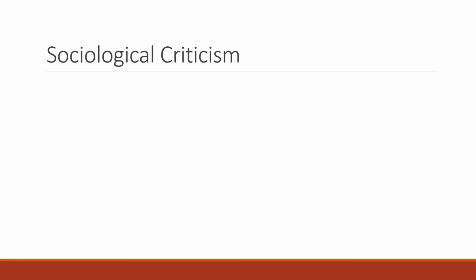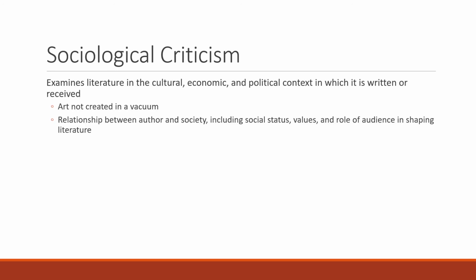There's another kind of criticism called sociological criticism, and it looks at literature in terms of the cultural, economic, and political context in which it was written or received, because art's not created in a vacuum. There's a relationship between the author and society, including their social status, their values, and the role of the audience in shaping the literature.